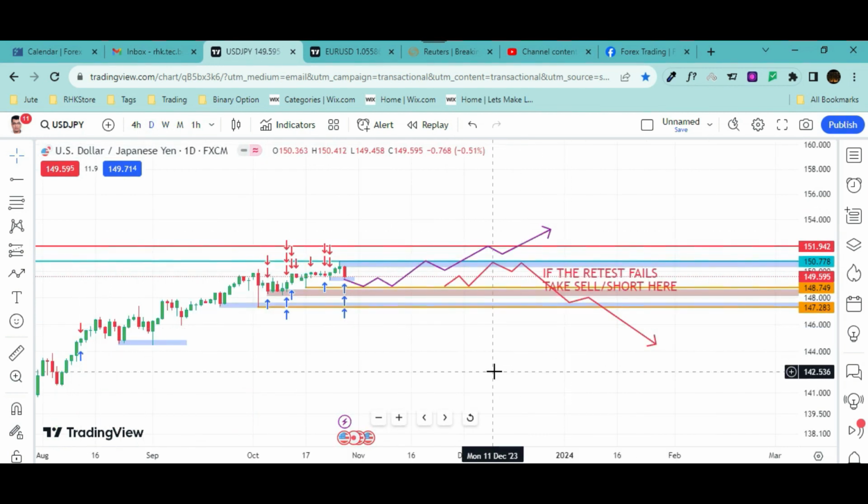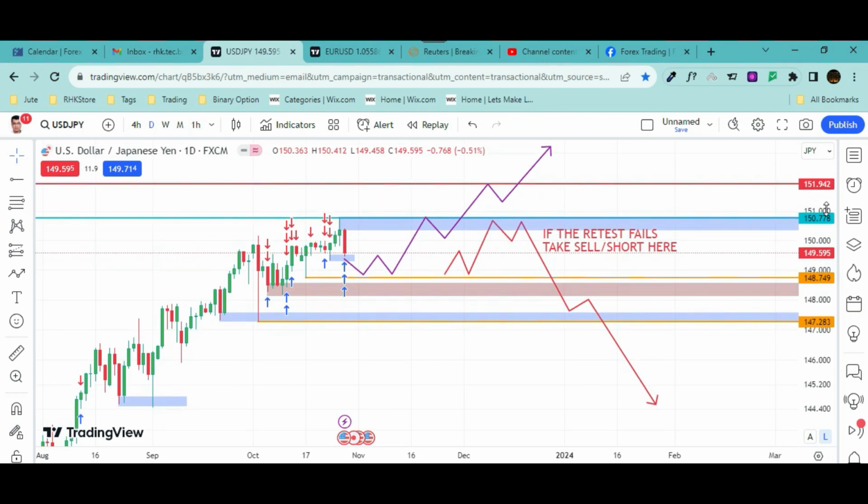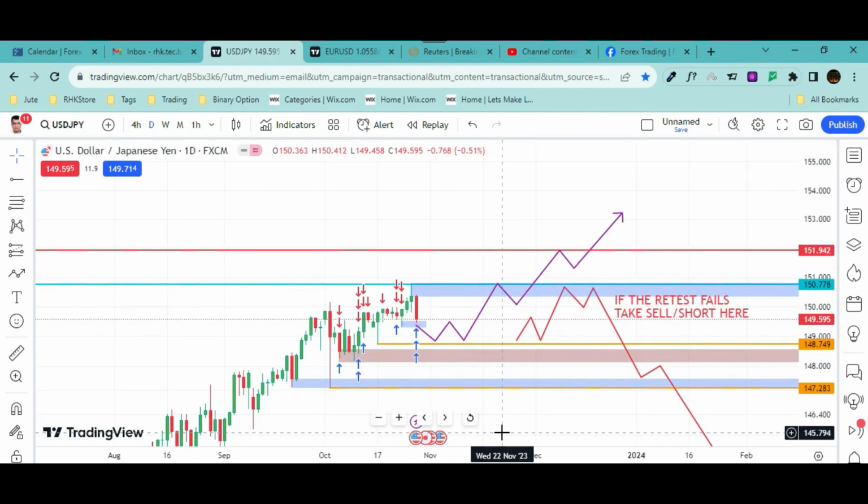And 4 hour we can do, but it is preferable to do on day, because USDJPY is at a tipping point. Either it will break and go high. How high it will go, I don't know.